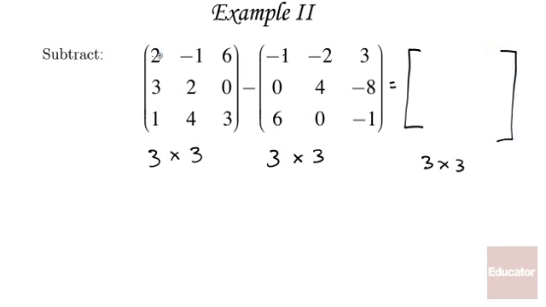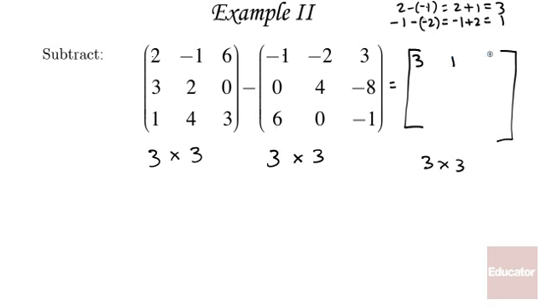Beginning with these two corresponding elements, 2 minus -1. I have to be very careful when I'm working with negatives that this becomes 2 plus 1, which is 3. So I get 3 right here. -1 minus -2 is going to give me -1 plus 2, which is 1.